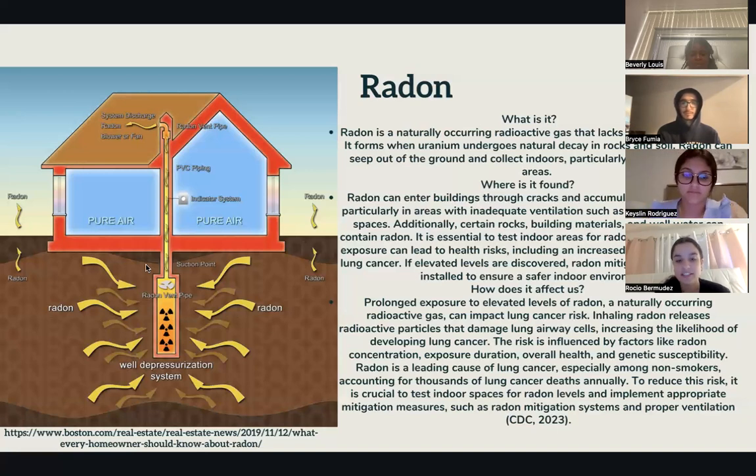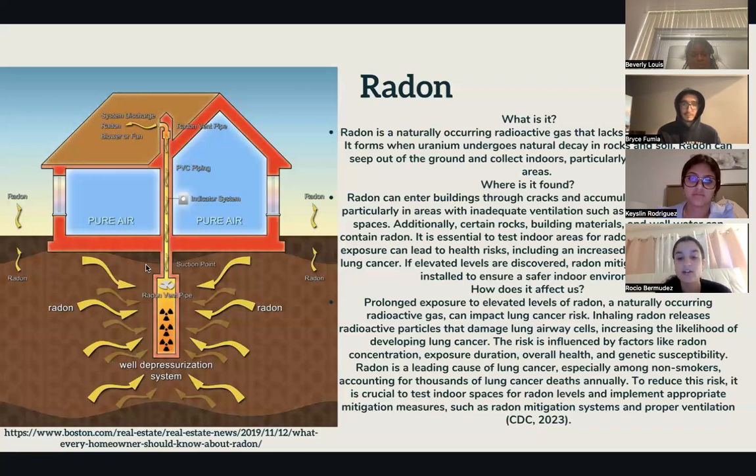So how does it affect us? Prolonged exposure to elevated levels of radon, a naturally occurring radioactive gas, can impact lung cancer risk. Inhaling radon releases radioactive particles that damage lung airway cells, increasing the likelihood of developing lung cancer or even just damaging your lungs. The risk is influenced by factors like radon concentration, exposure duration, overall health, and genetic susceptibility.